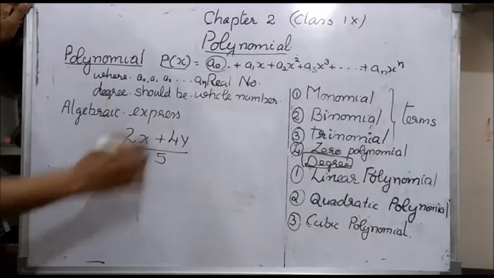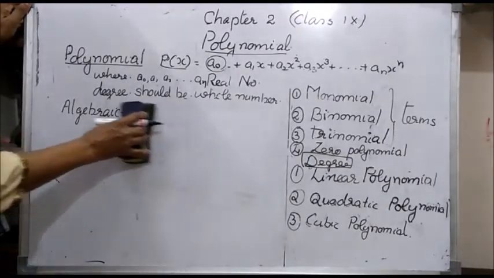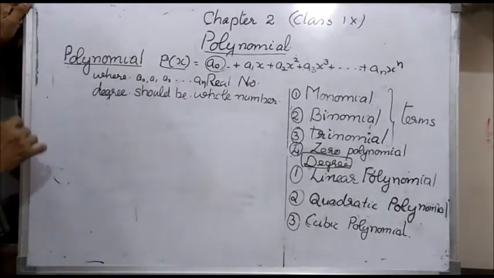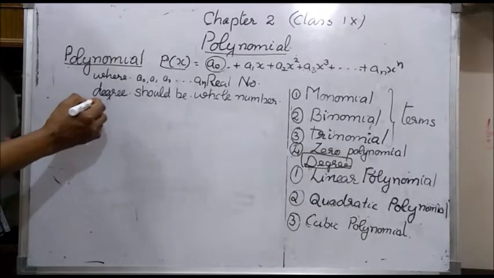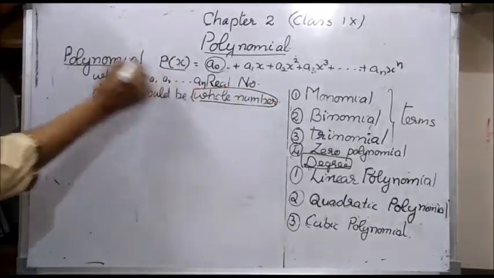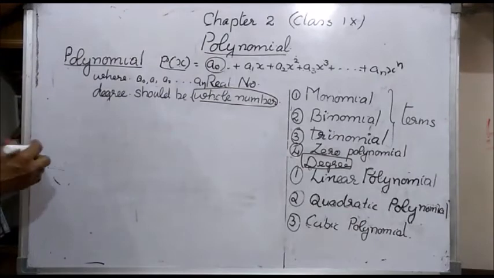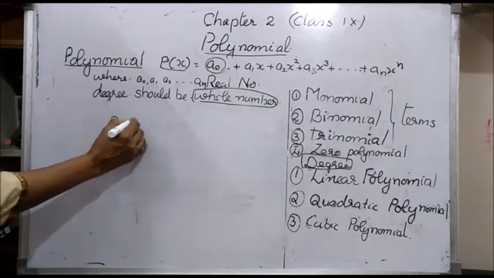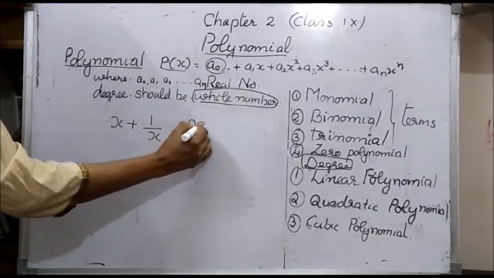Now, every algebraic expression is not a polynomial. An algebraic expression becomes a polynomial only when its powers are whole numbers. For example, if an algebraic expression is like x plus 1 by x, this is not a polynomial.